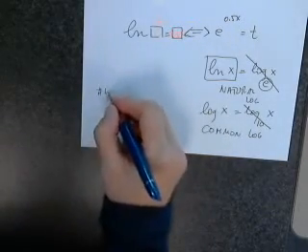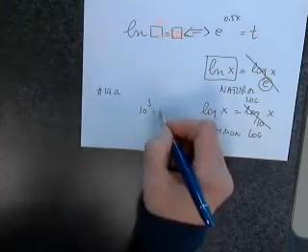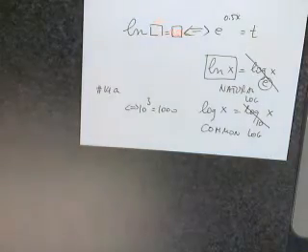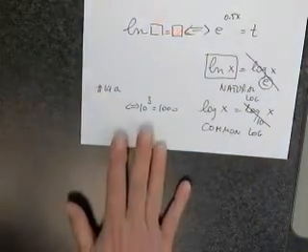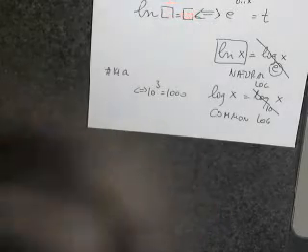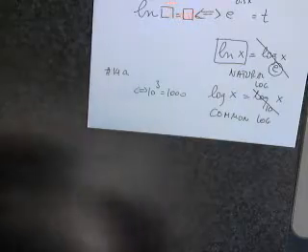So 14a, we have 10 to the third equals 1,000. So I'm changing the exponential equation that I have on the right-hand side into a logarithmic equation on the left-hand side. So what do I write?